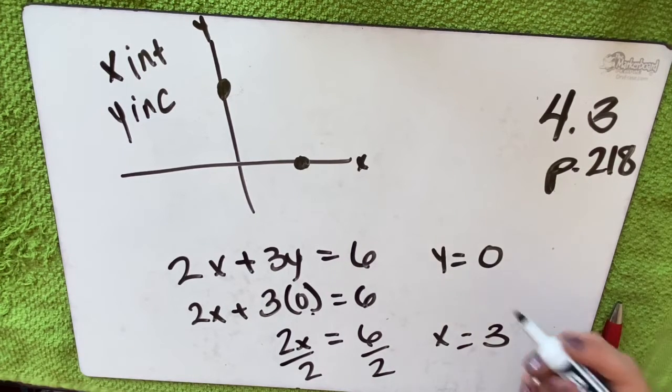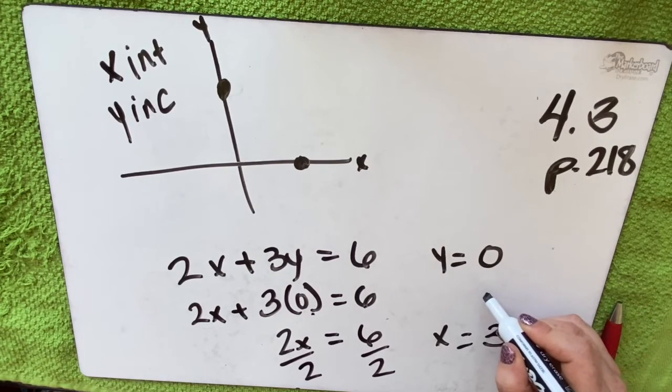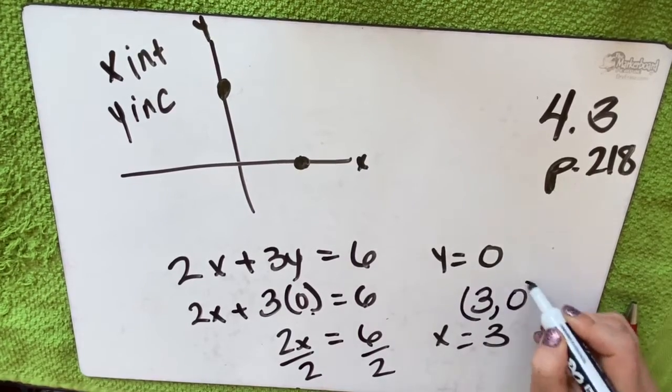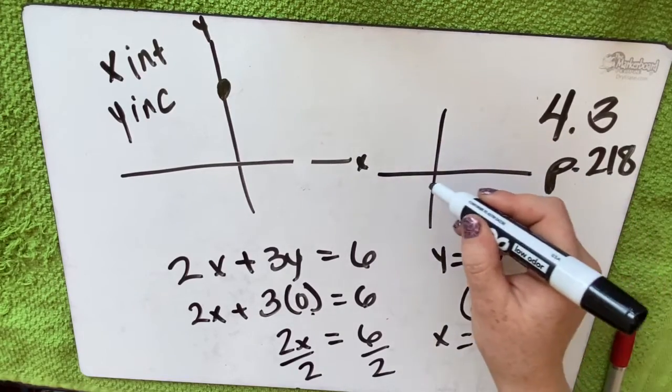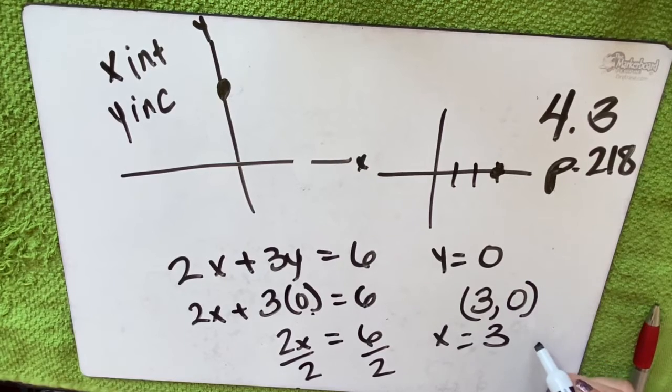So that means this ordered pair, for the x-intercept, will be 3, 0, right? And so when you graph that, you're going to go over 3, 1, 2, 3. So that's the x-intercept.